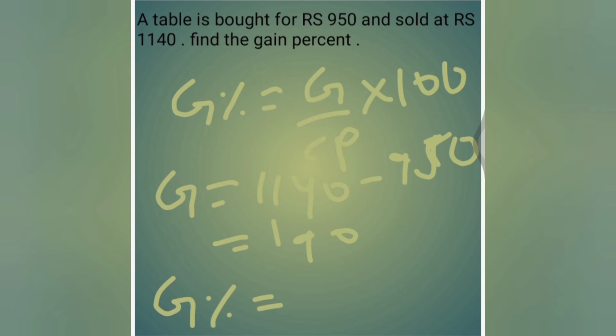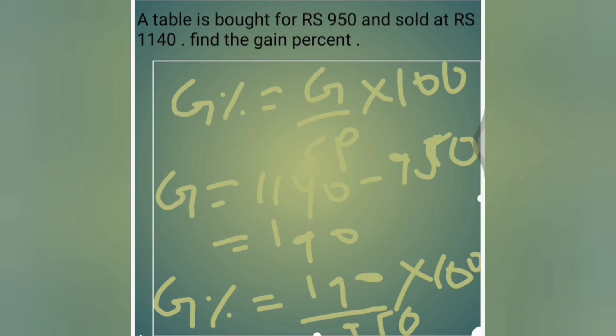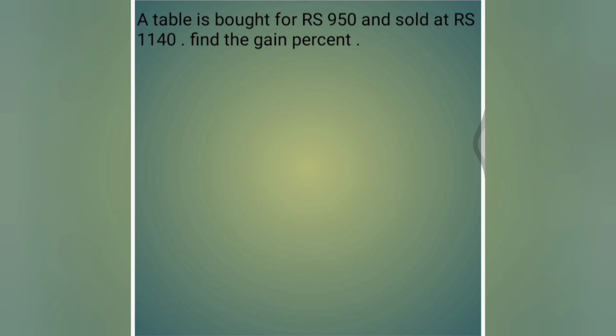So the gain percentage equals 190 by cost price, which is 950, into 100. After simplification, I am getting gain percentage equals 20%. So this is my answer.